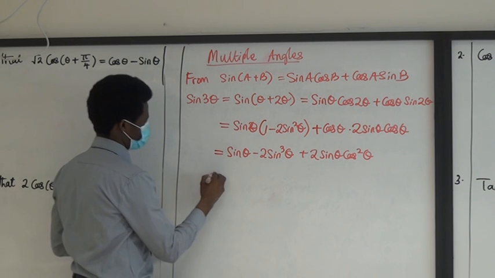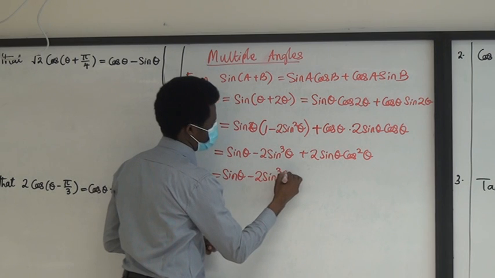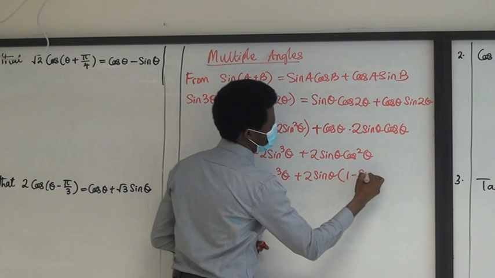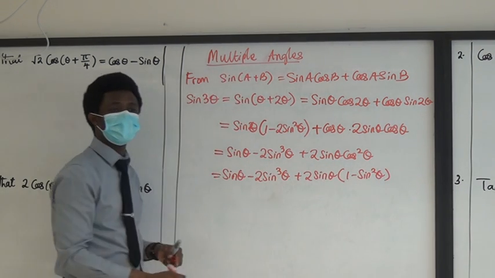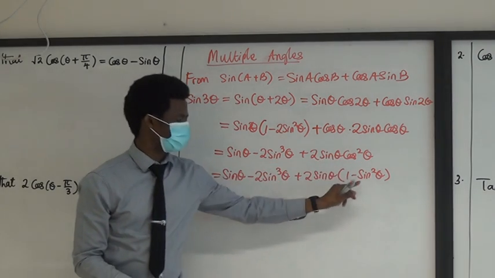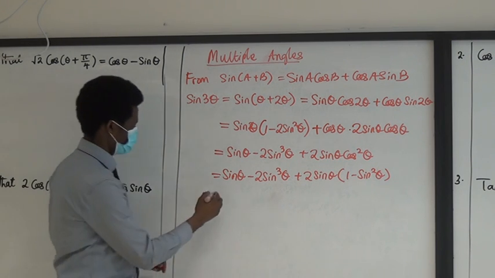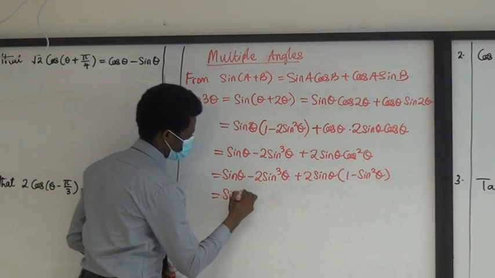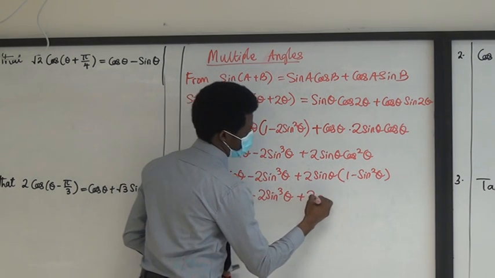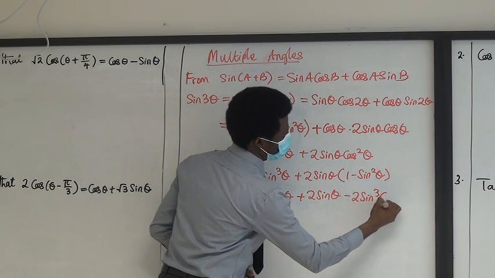So this will be sine theta minus 2 sine cube theta plus 2 sine theta bracket 1 minus sine squared theta. Remember the Pythagorean identity. Sine squared plus cos squared is 1. Means cos squared is 1 minus sine squared, and sine squared is 1 minus cos squared. Remember that? So we expand the brackets. Sine theta minus 2 sine cube theta plus 2 sine theta minus 2 sine cube theta, isn't it?